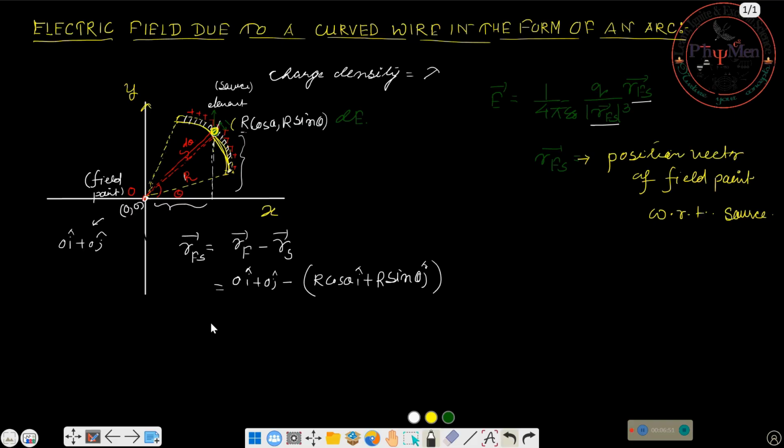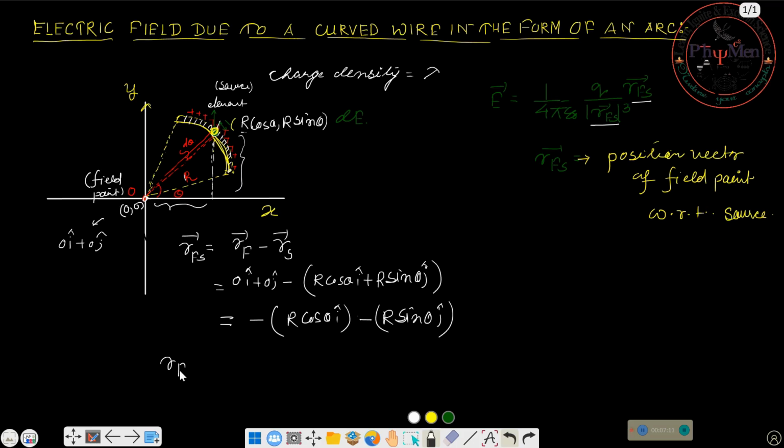Overall we have minus r cos theta i cap minus r sin theta j cap. So this is the position vector of the field point with respect to the source point.